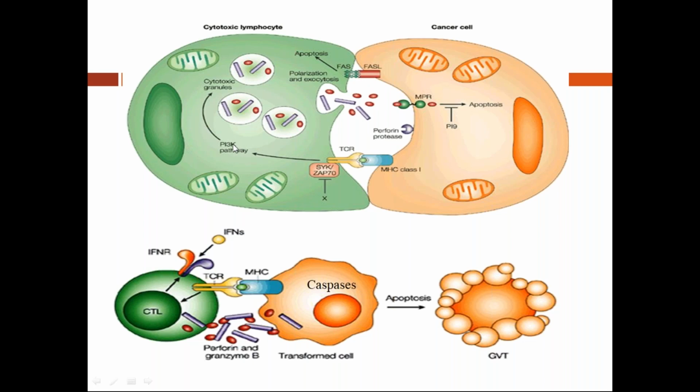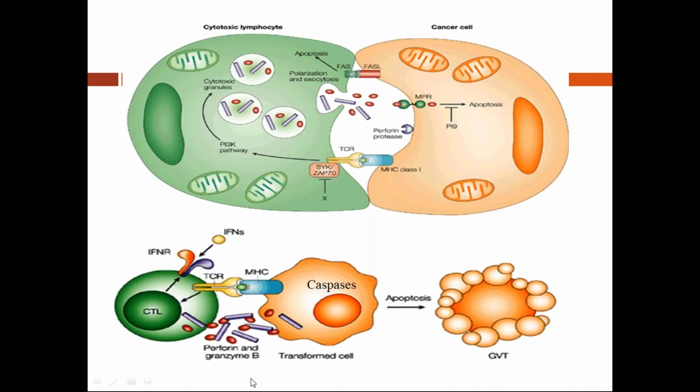Okay, so this pathway in turn activates the cytotoxic granules within the lymphocyte. That cytotoxic granules contain two cytotoxic substances, which are perforin and granzyme B. Okay, so these cytotoxic granules come onto the surface of the lymphocyte and they release these toxic granules.